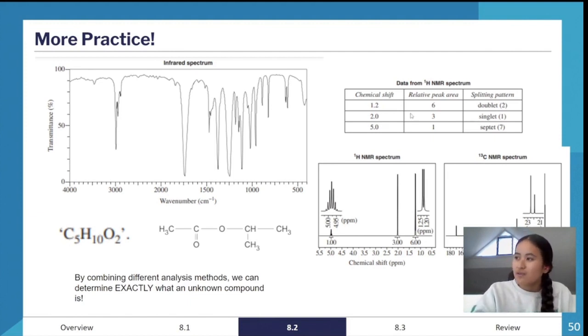Okay, so if we go to the next most chemically shifted, it's a singlet, which means there are no neighbors, and that means it's this one here. This one has no neighbors whatsoever, because it's connected to a carbon that has no hydrogens on it, connected to an oxygen. And it's the next most chemically shifted because it's closer to the oxygens than these ones are.